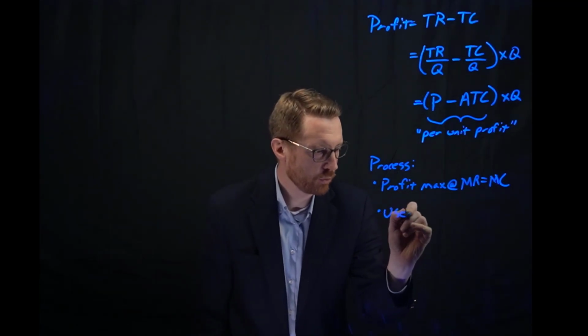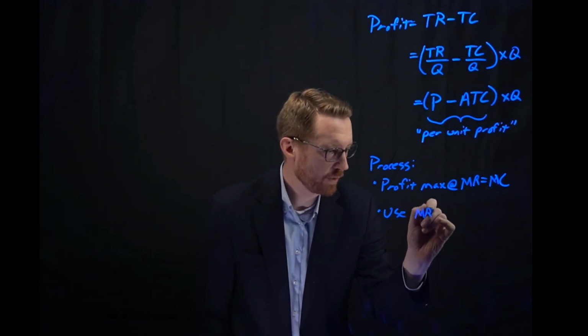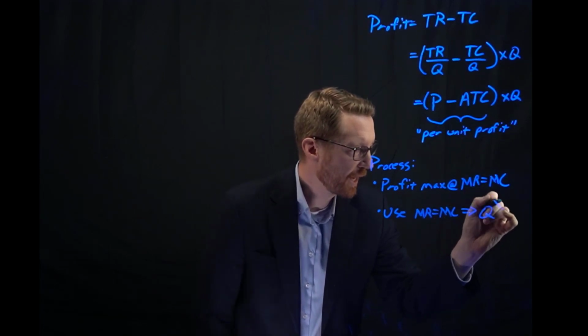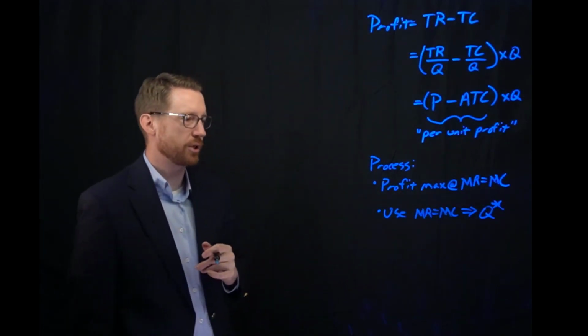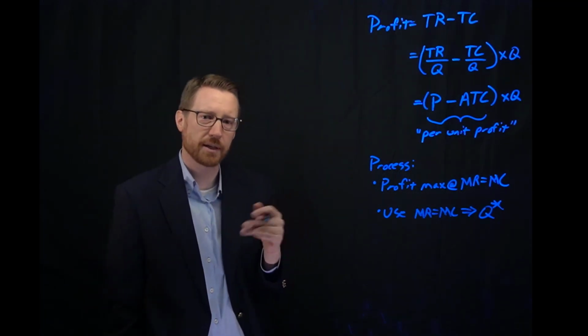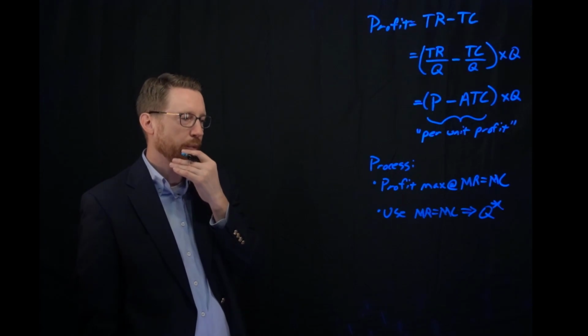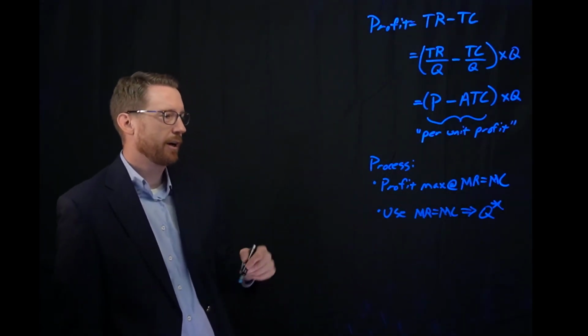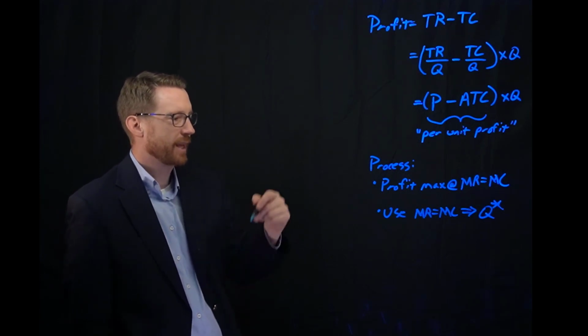We use marginal revenue equals marginal cost to find the optimal quantity, Q star. Where our marginal cost curve crosses the price, our marginal revenue, that gives us our optimal quantity.